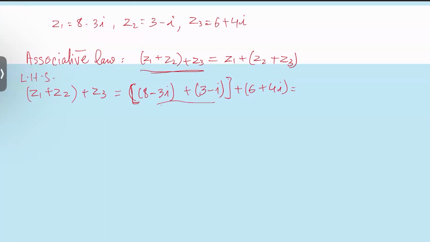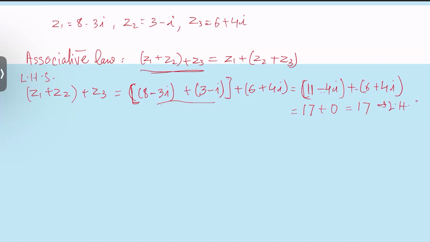This we have already seen: that is 11 minus 4i, plus 6 plus 4i. Then similarly, we add the real parts and we add the imaginary parts. So we see that 11 plus 6 is 17, and since this is minus 4i and plus 4i, we will be getting 0. So the answer is 17 for the LHS.